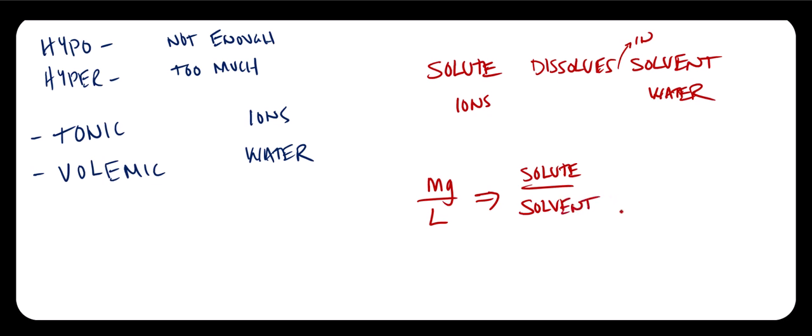That's just our convention. We say how much solute per solvent, how many milligrams per liter. We never say how many liters per milligram. However, in our conversation that we're about to have, we are going to kind of turn it around, and I'm bringing that up so that when you see it turned around, you recognize that and you're okay with it.